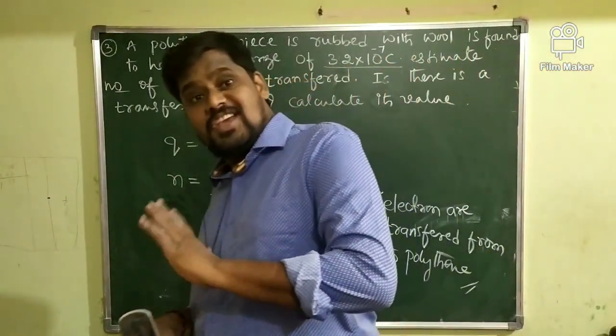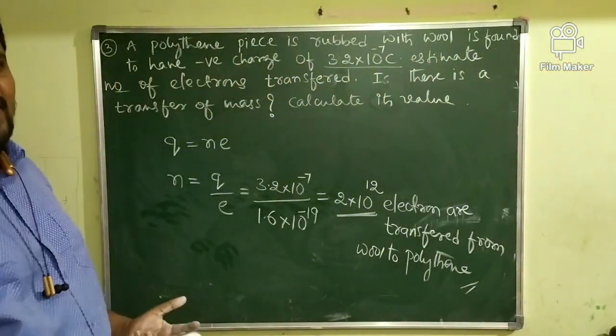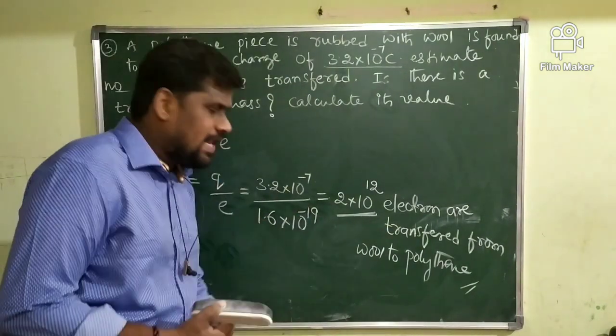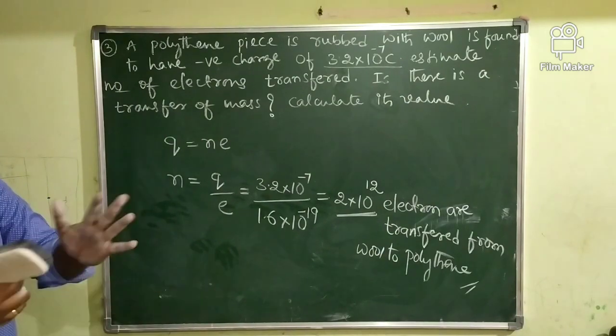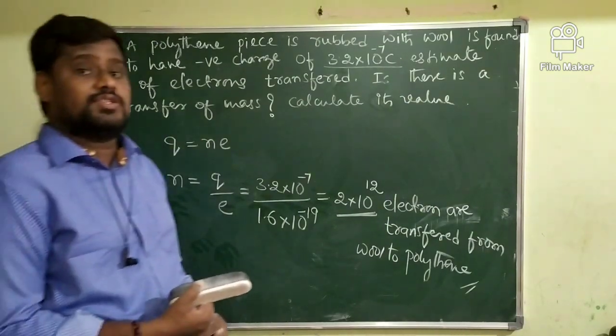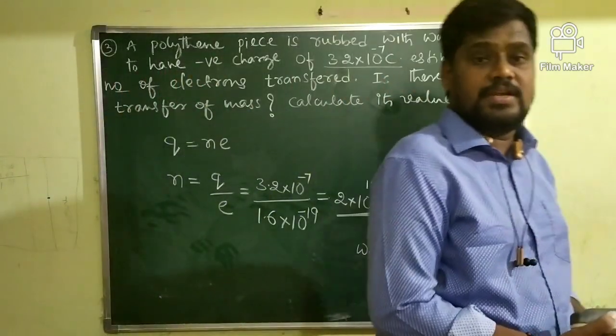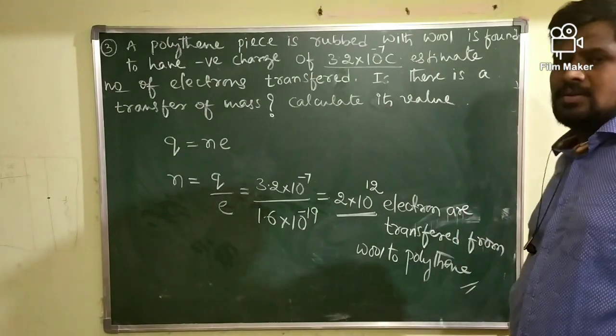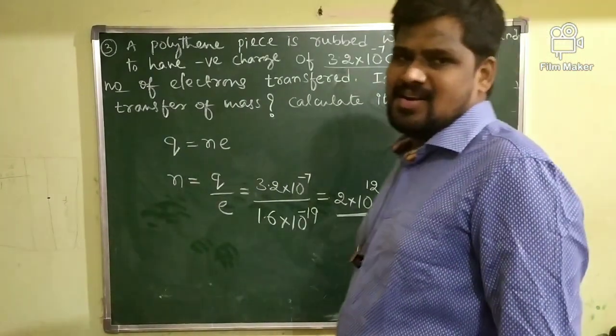When the polythene is gaining the electron, definitely it should gain the extra mass. Wool is losing the electron, definitely it should lose the mass. Means definitely the mass is going to transfer here from wool to the polythene. The mass gets transferred.